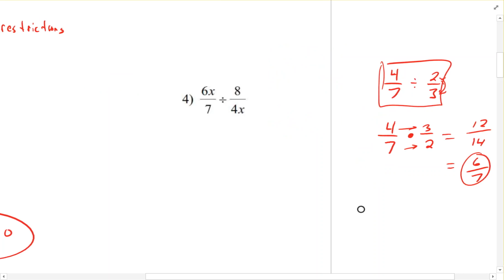So if I look over here, I've got 6x over 7 divided by 8 over 4x. I'm going to flip these and multiply. So I'm going to rewrite this as 6x over 7 times now 4x over 8. Now I can treat it just like my other ones. You could either combine these, like the 6 and the 4 and make that 24 and the 56 in the bottom and then simplify.